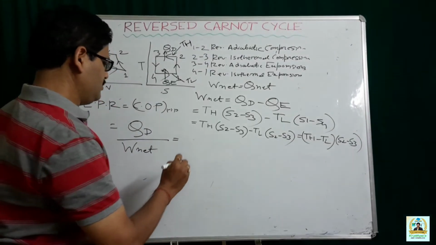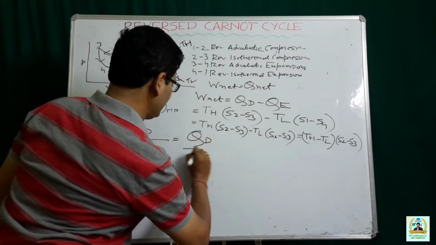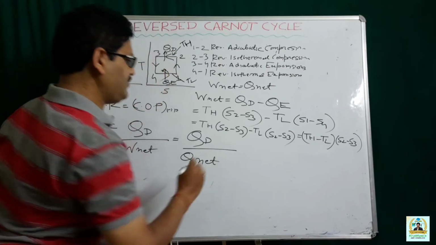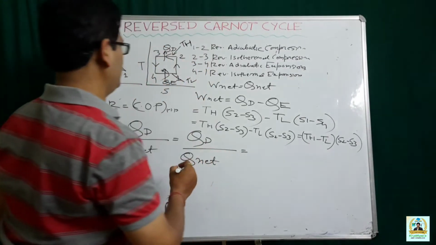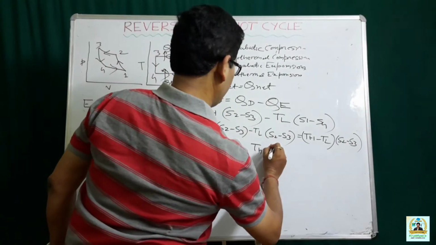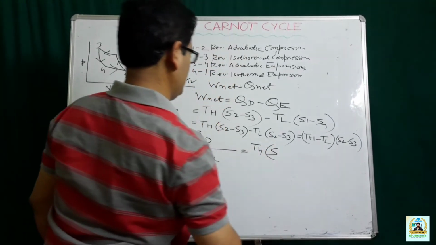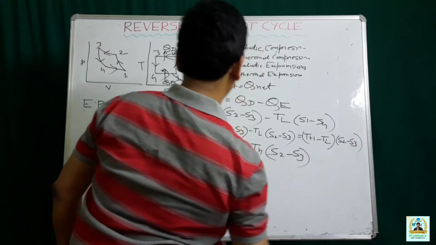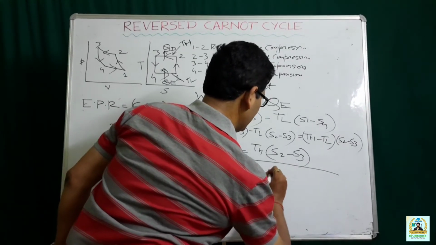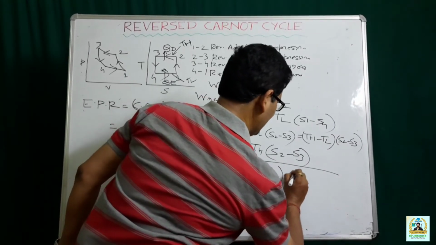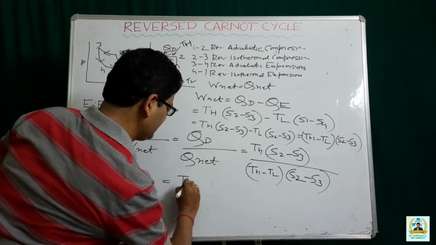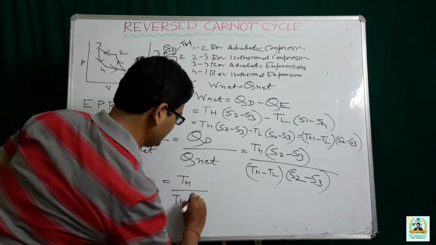That is equal to QD divided by W net, that is equal to TH, that is the constant temperature that is maintained, multiplied by S2 minus S3, divided by TH minus TL multiplied by S2 minus S3, that is TH divided by TH minus TL.